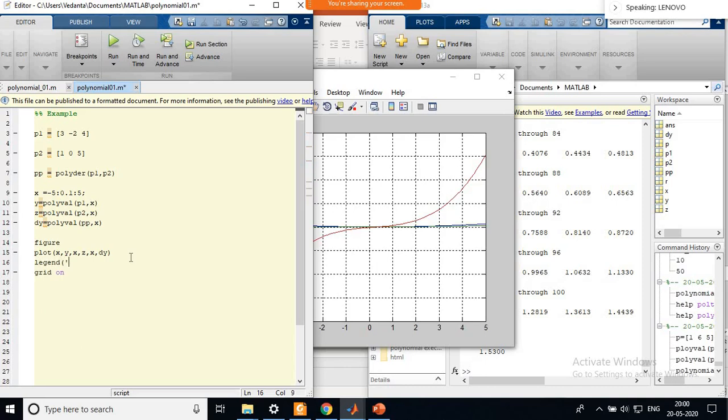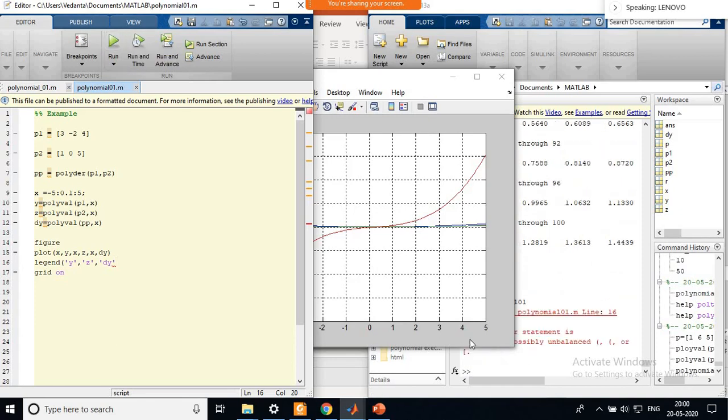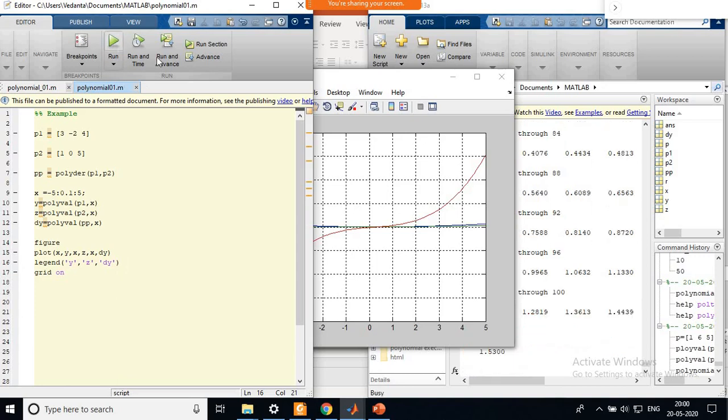So I can have x, then y, sorry, it is z. So here it is y, z, and then I will have dy. Then you can just look at what the colors are for it. So I need to provide a legend for the function.